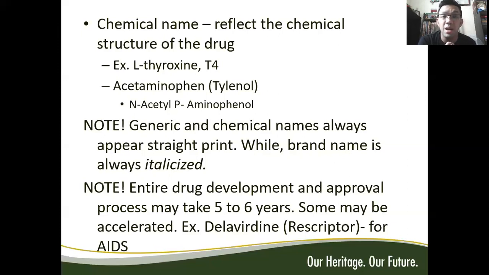We are in a pandemic right now, but like what is mentioned here in this lecture, there are some drugs that may be accelerated. Let's take, for example, Delavirdine or Rescriptor. It was accelerated in order for it to be used by patients who have AIDS. Let's take, for example, the pandemic that we are having right now.